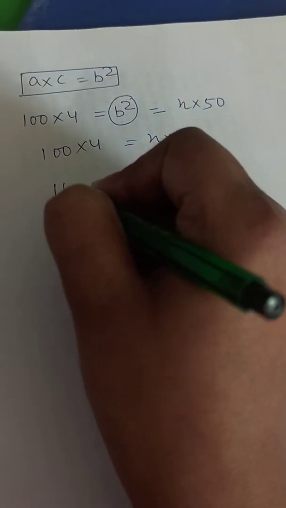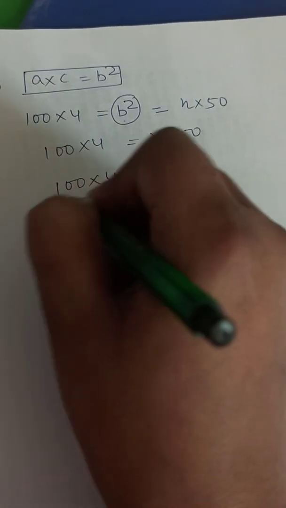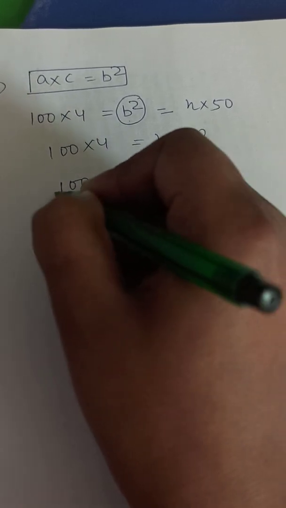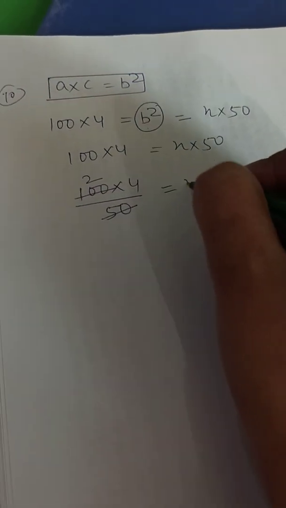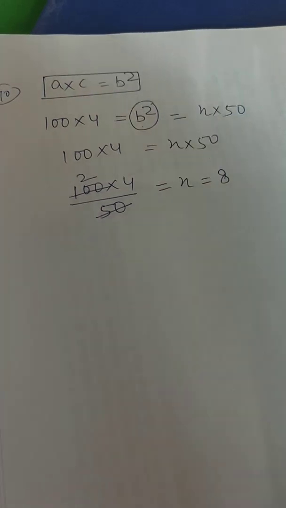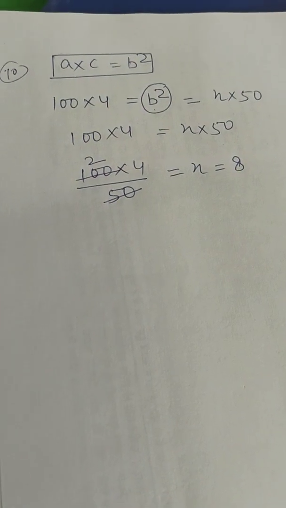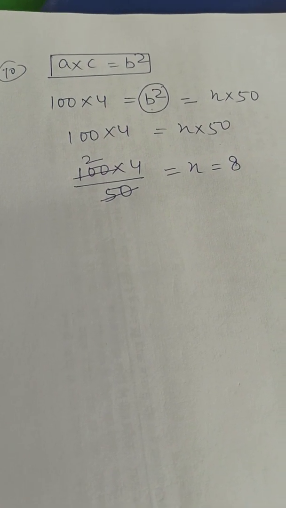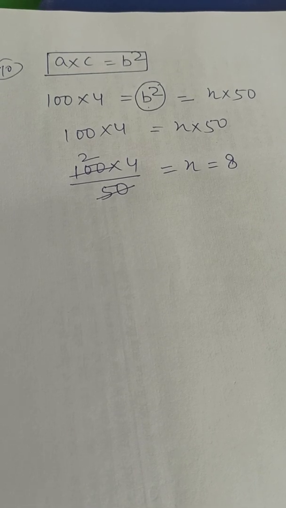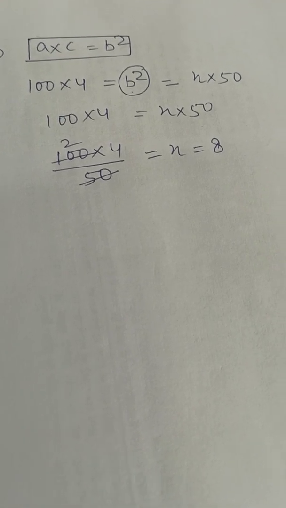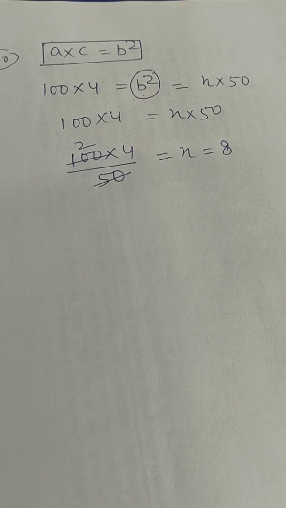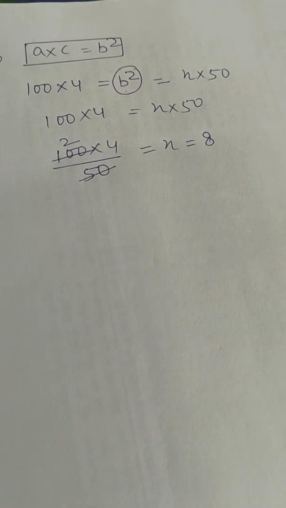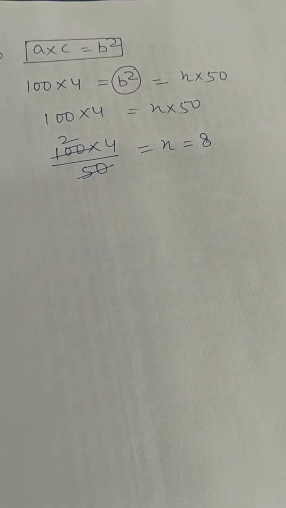Take down 50 here. 50 2s are 100. x equals to 2 4s are 8. Right? So here the mean proportion of 104 is also the mean proportion of 50 and 8.